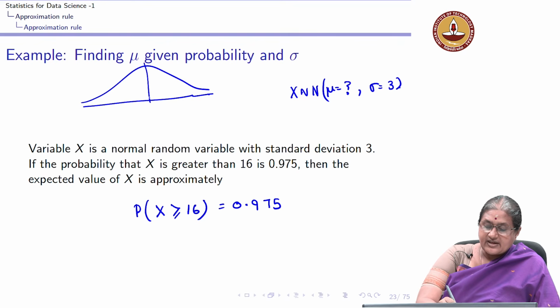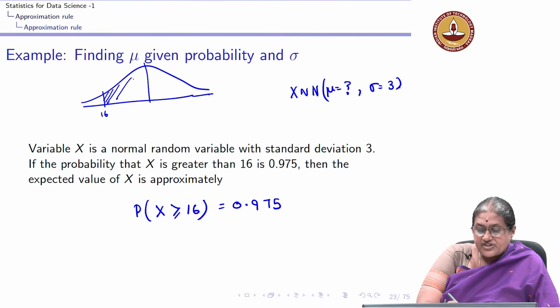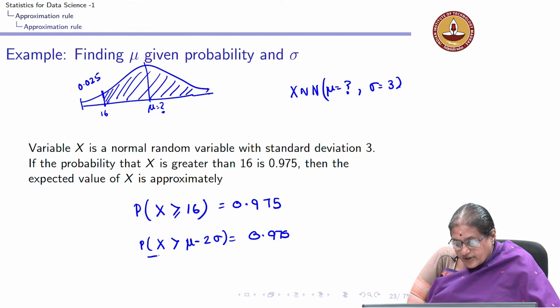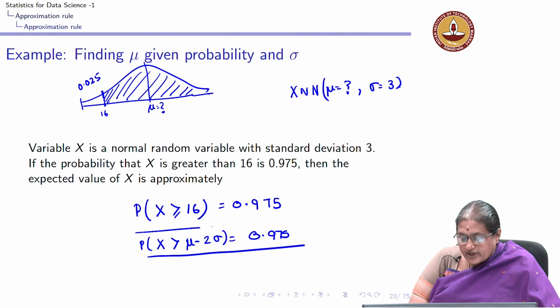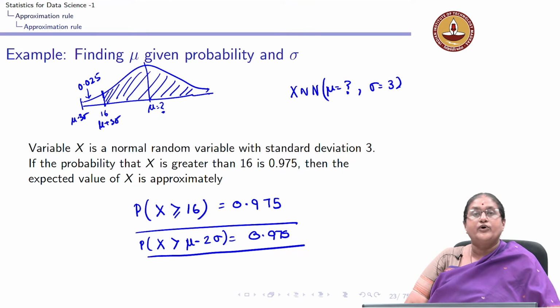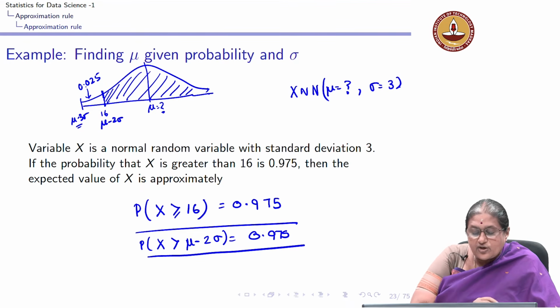The probability of x greater than mu minus 2 sigma is 0.975, because the probability from mu minus 3 sigma to mu minus 2 sigma takes the value 0.025.